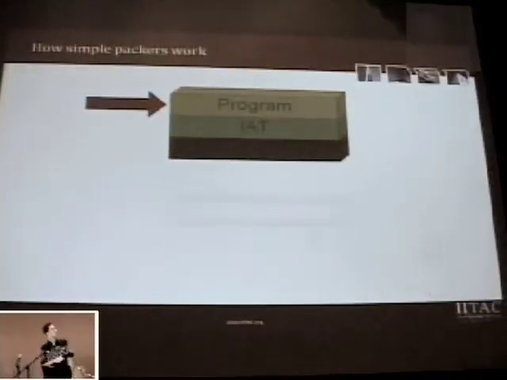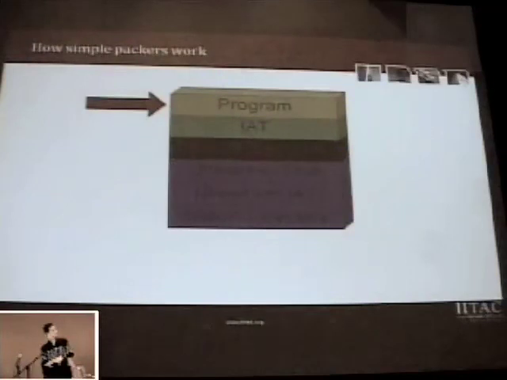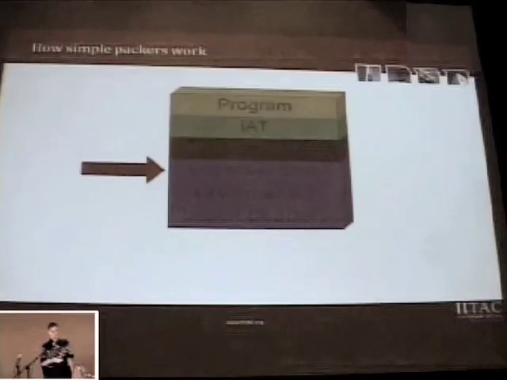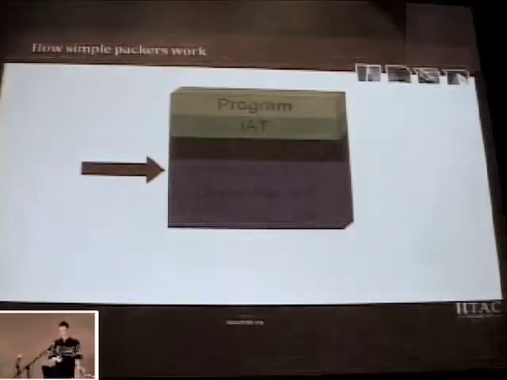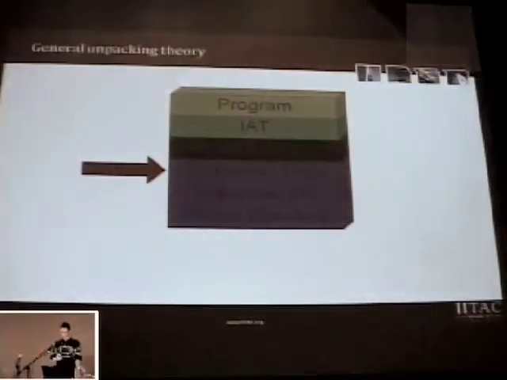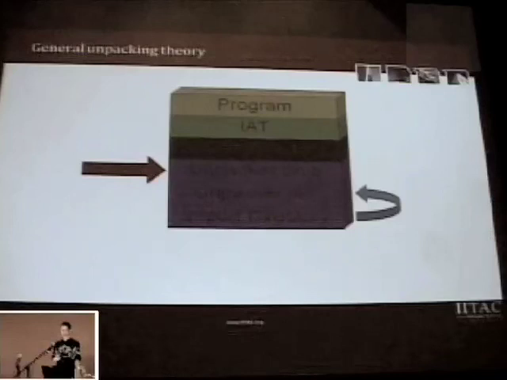Then there's the unpacker stub, then comes the unpacker IAT, then the unpacker import directory. Then the packer moves the entry point to the unpacker stub. Now, upon startup, the import directory will rebuild the unpacker import address table, and the unpacker stub has code to rebuild the original IAT manually.